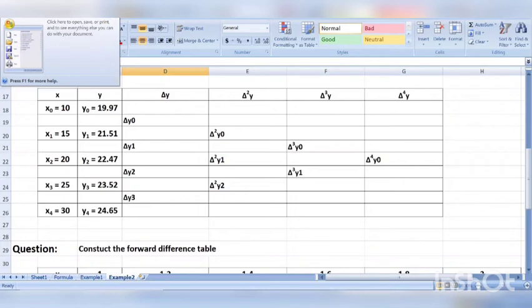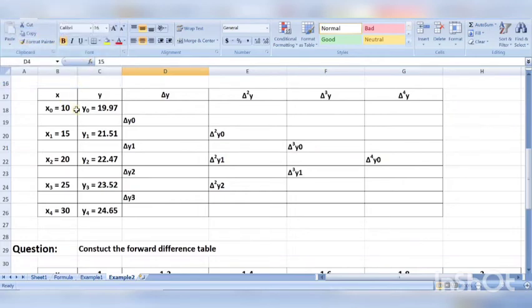The first value of x is 10, so x0 equal to 10, then x1 equal to 15, then x2 equal to 20, then x3 equal to 25, then x4 equal to 30. Let me highlight these values. So when you construct a table, the first thing to do is name the values according to their positions.